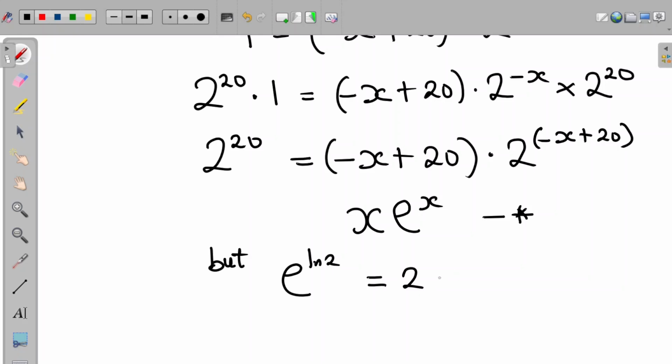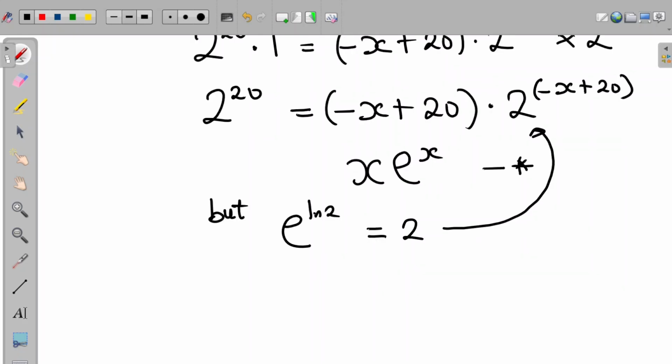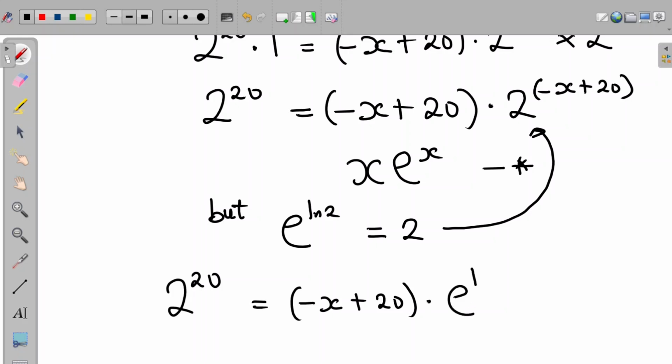Now, we can apply this into our equation. So we have that 2 to the power of 20 is equal to minus x plus 20 multiplied by e to the power of ln 2, open a bracket, multiplied by minus x plus 20.